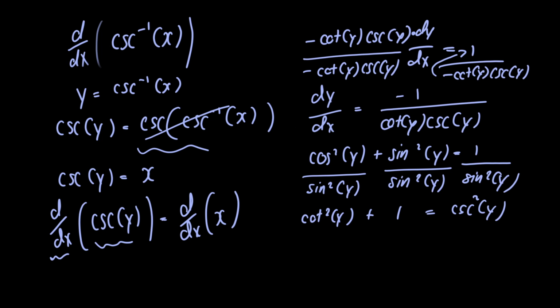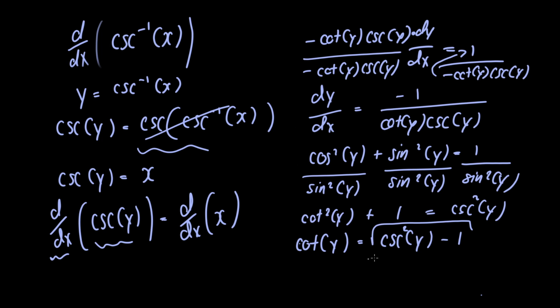Now let's go ahead and solve for cotangent squared of y. So all I've done is subtracted 1 from both sides of this equation and then taken the square root of both sides.